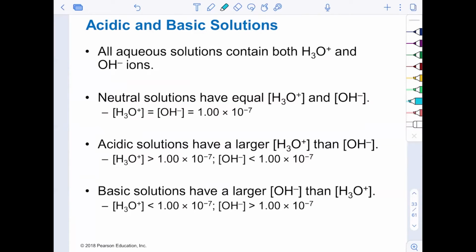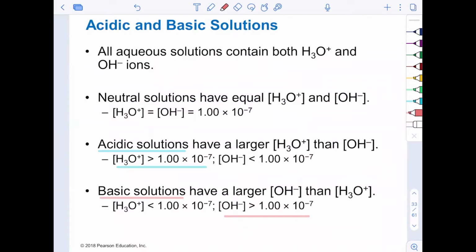So we'll see that acidic solutions are going to have a higher concentration of H3O plus. It will be greater than 1 times 10 to the negative 7. Basic solutions are going to have a larger hydroxide concentration, something that is greater than 1 times 10 to the negative 7 for the hydroxide concentration.